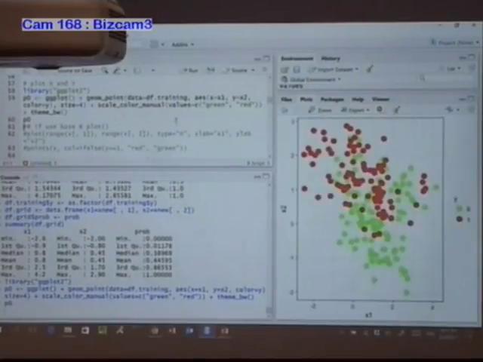That's the sample data. That's this guy. Okay? I have some red, some green, and they're all deeply mixed together. But even though they're deeply mixed together, there's some area that's more red, there's some area that's more green, right? And not evenly mixed.